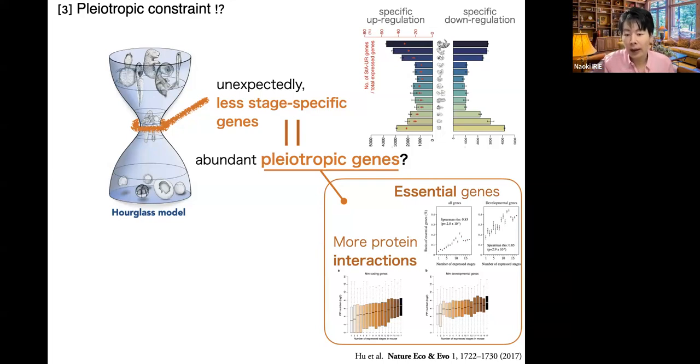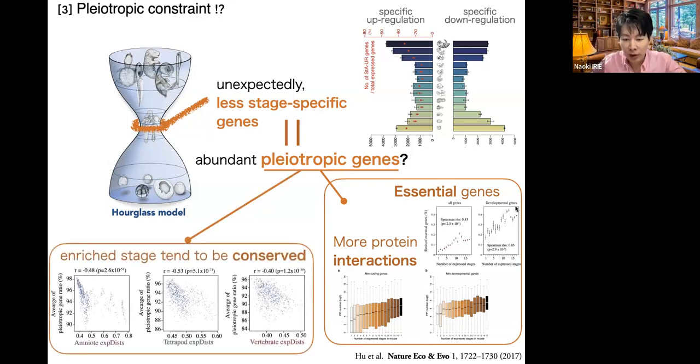In addition to that, I analyzed the database, and they have been suggested to have more protein interactions. So when genes were expressed in more developmental stages, it's a log scale here, they tend to have more counterparts to interact with. And what is important, when a certain developmental stage is enriched with pleiotropic genes, it tended to be evolutionarily conserved.